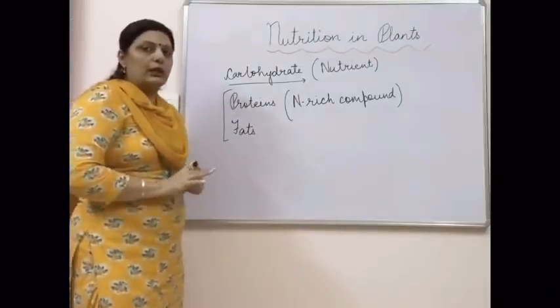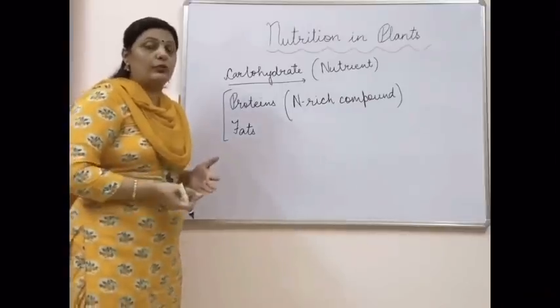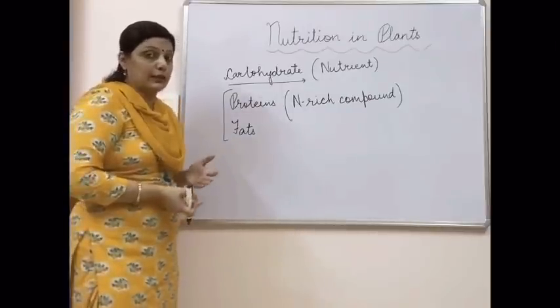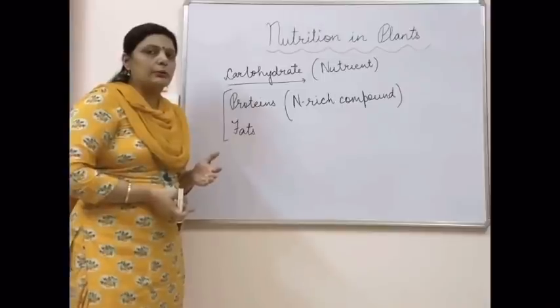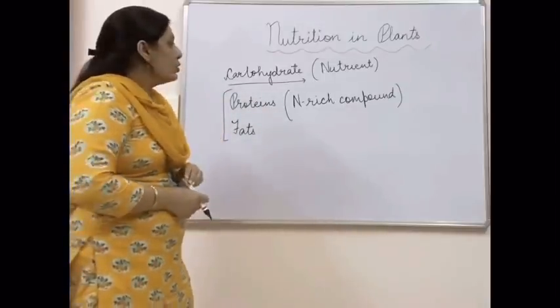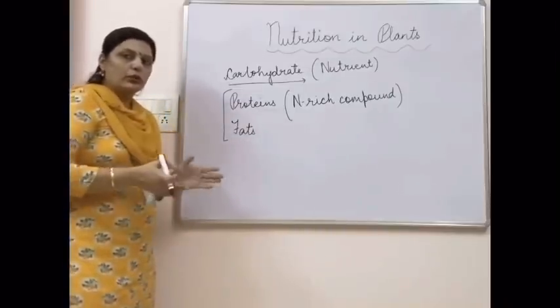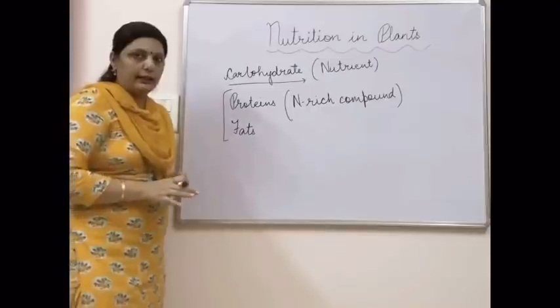Plants are not having the ability to take nitrogen from the atmosphere, because if they could, we have a sufficient amount of nitrogen present in the atmosphere, approximately 78%, 78 point something. So if plants could have been taking that nitrogen, there would have been no problem, but they are not taking that nitrogen.